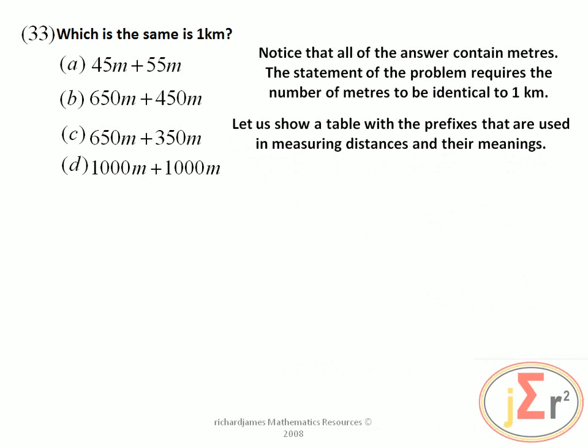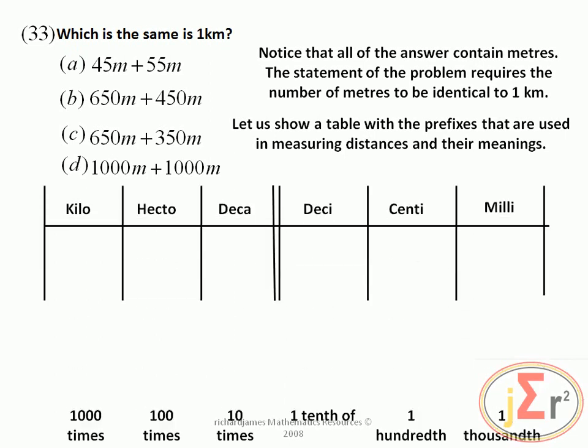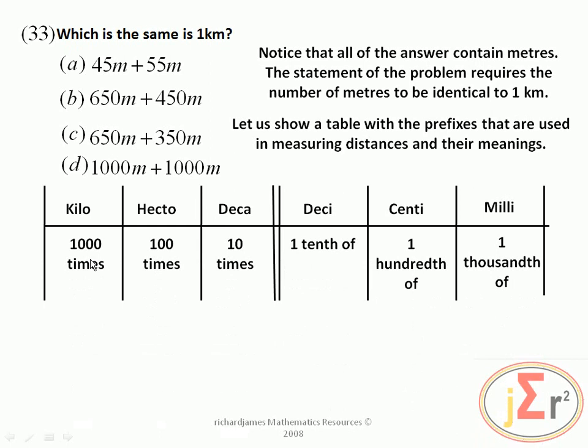So let us show a table with the prefixes that are used in measuring distances and their meanings. So there we have, in measuring distance, kilo means 1,000 times, hecto 100 times, deca 10 times, deci 1/10, centi 100th of, and milli 1,000th of.